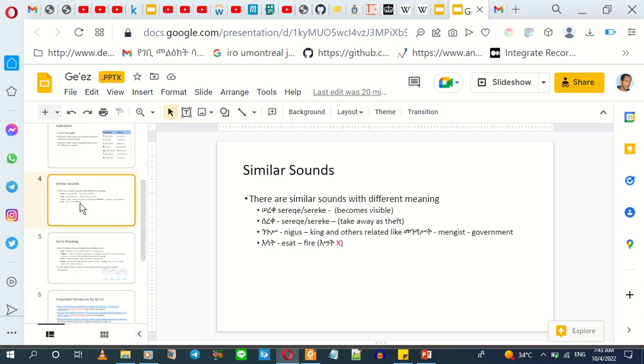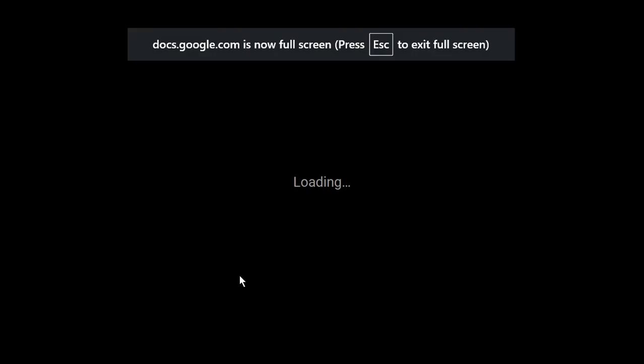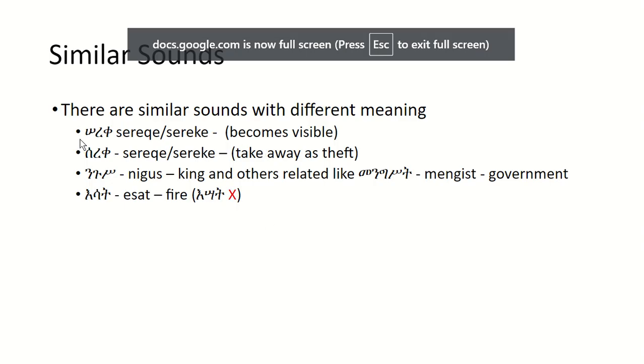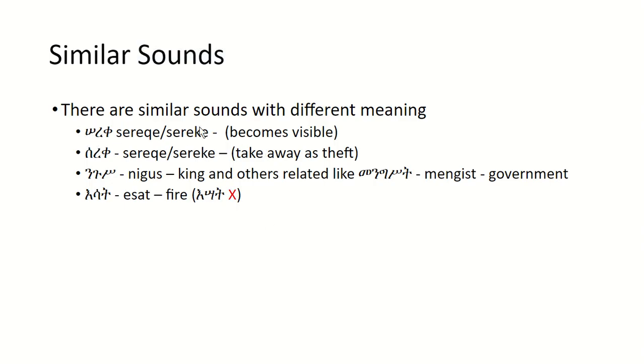And here we can see that there are similar sounds, as we have seen before.